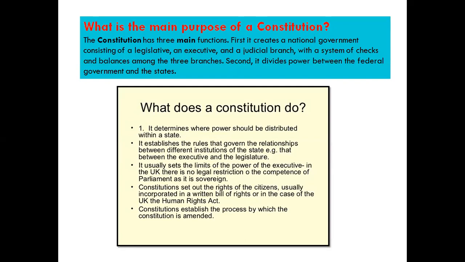The constitution has 3 functions. First, it creates the national government consisting of a legislative, an executive, and a judicial branch. According to our constitution, the functions of the country are divided into three parts: legislative, executive, and judiciary.